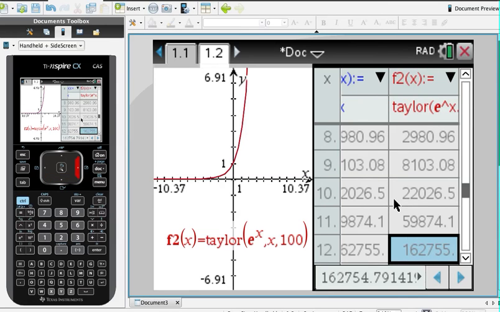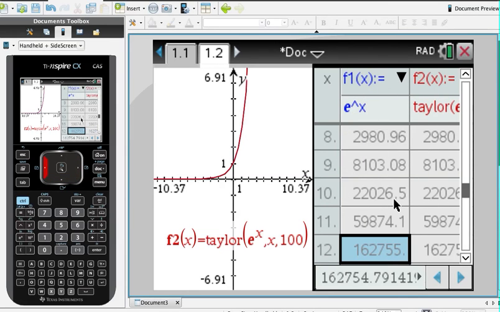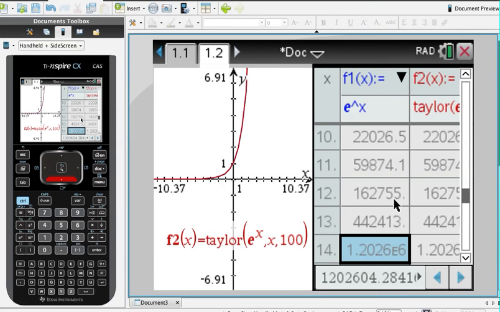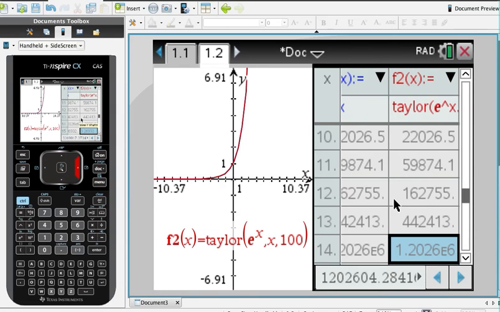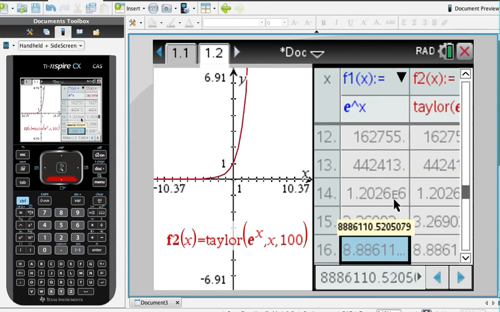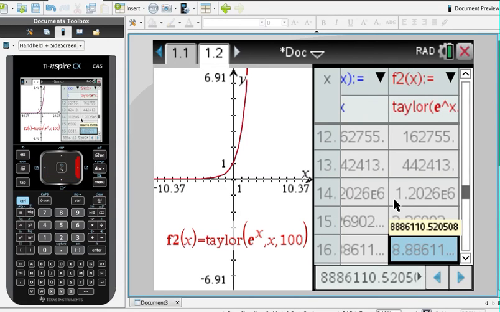Now you can see that it is really important to study the error that a Taylor polynomial has inherently. Taylor polynomials are approximations. They are not perfect matches of the original function.